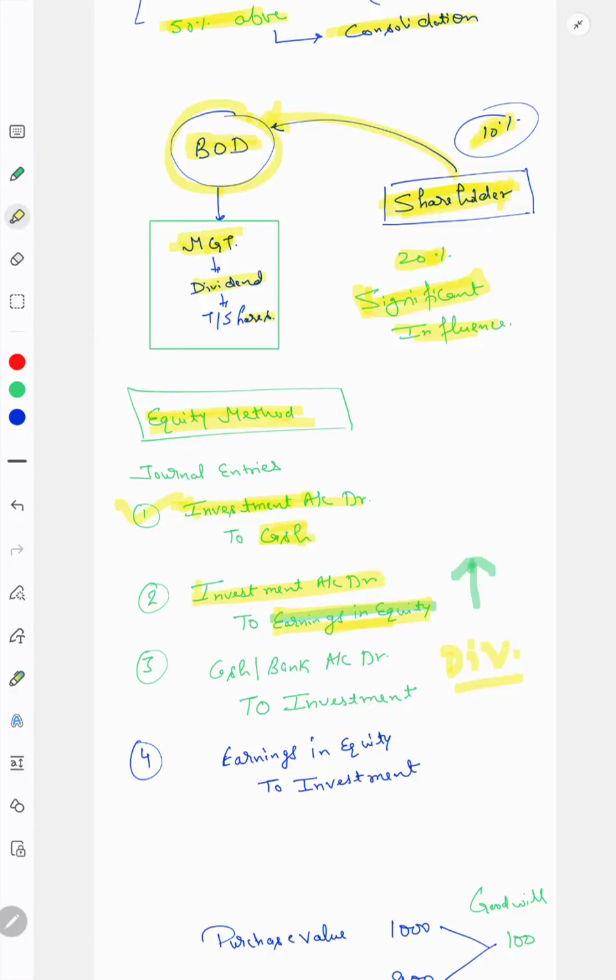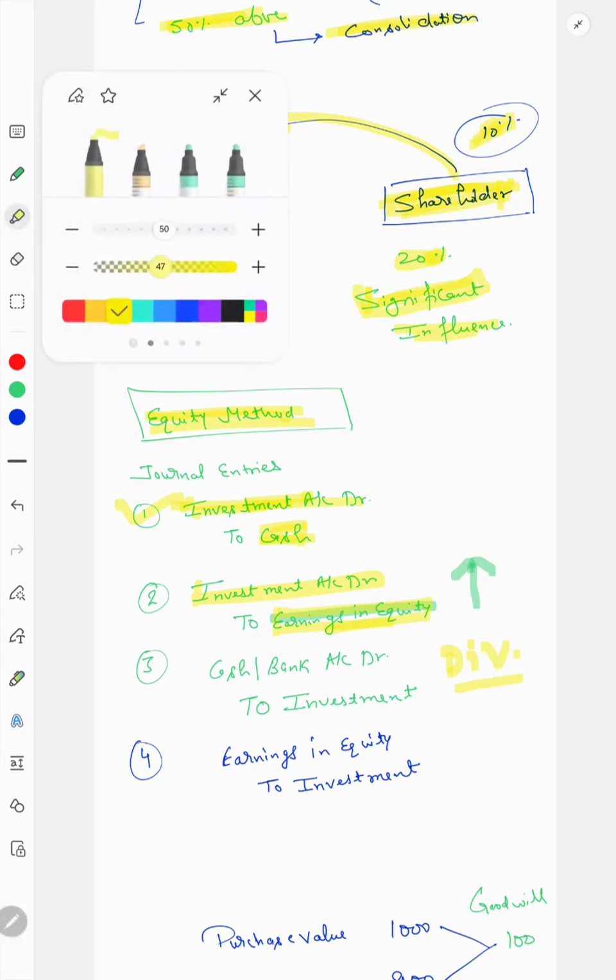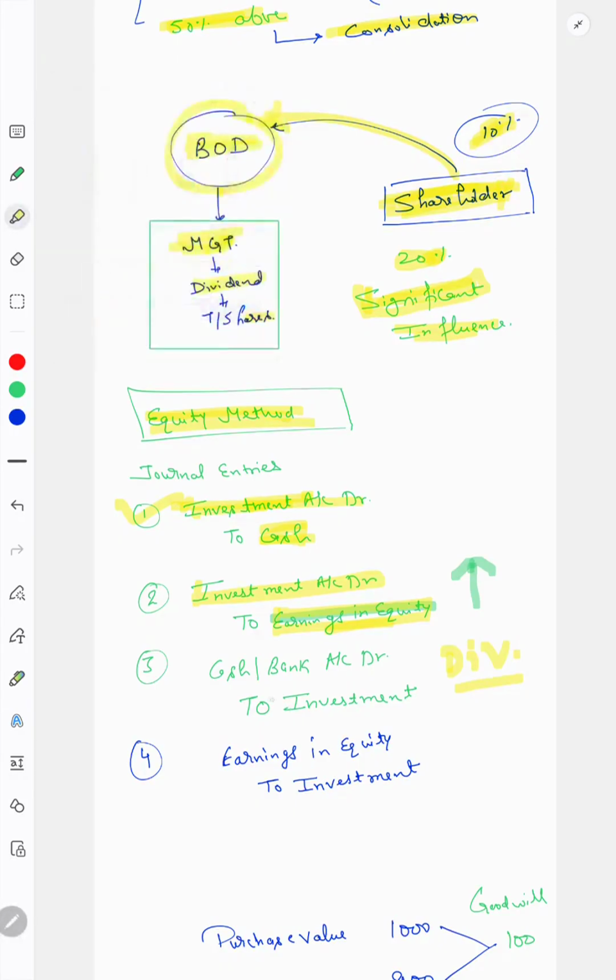Ultimately, the value of the company will decrease because the company has distributed the dividend out of its retained earnings. So this entry will also decrease our investment.